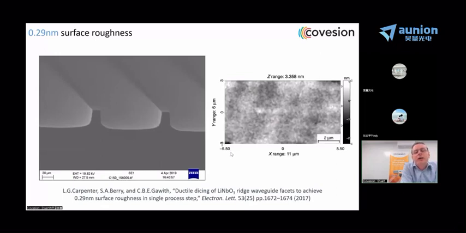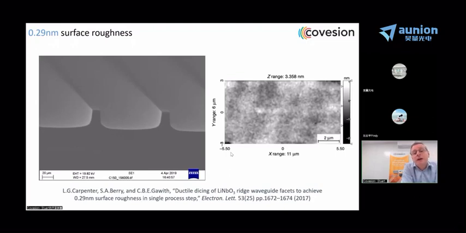On the right-hand side, you've got a white light interferometric image from which we can measure the surface roughness. And we've got a surface roughness measured less than 0.3 of a nanometer. That's equivalent to a typical lapping and polishing surface. So we have very smooth sidewalls and we have very smooth end facets.